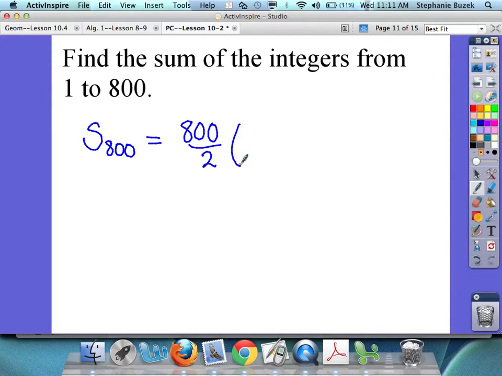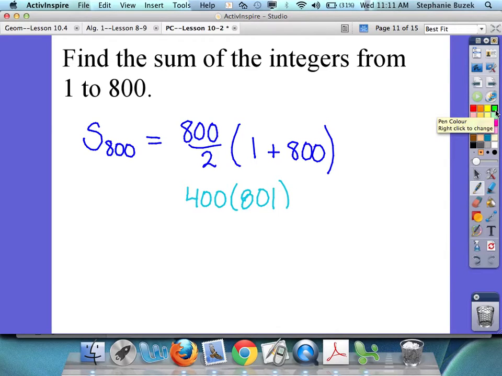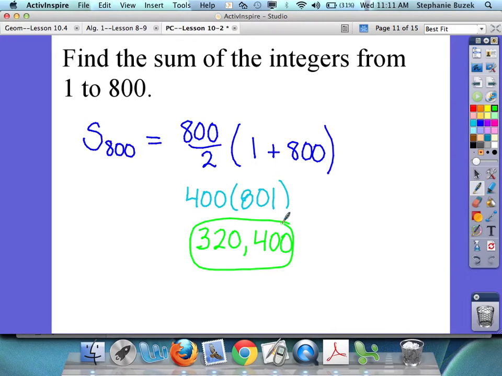The first term is 1, the last is 800. So you're going to end up taking 400 times 801. And what do you get when you take 400 times 801? 320,400. So the sum of the integers from 1 to 800 is 320,400.